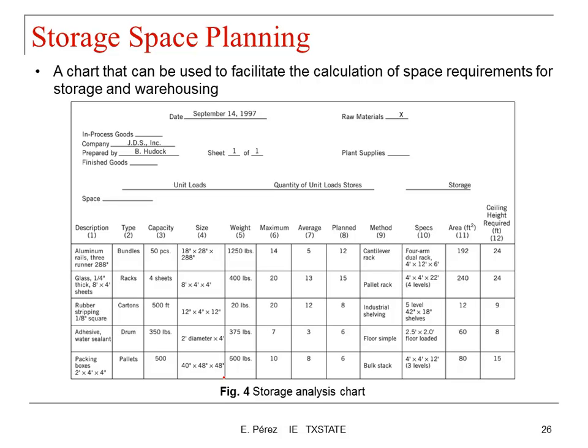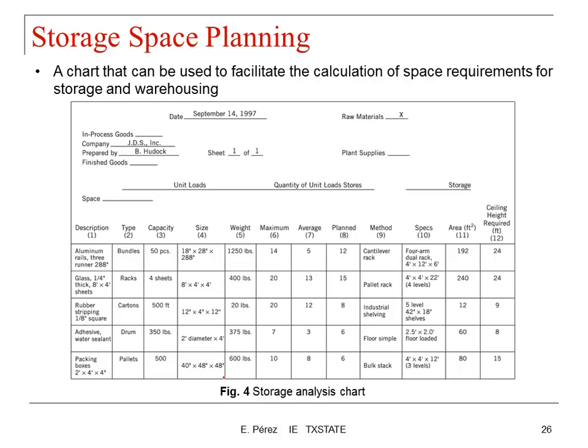So here's an example of a storage analysis chart. So we have the description of the items that we usually have or produce in our facility. In this case, for this company called GDS.